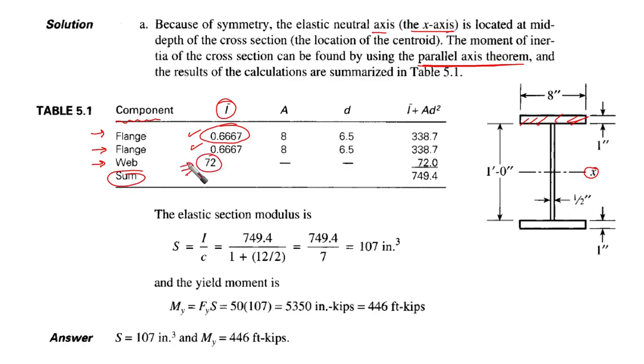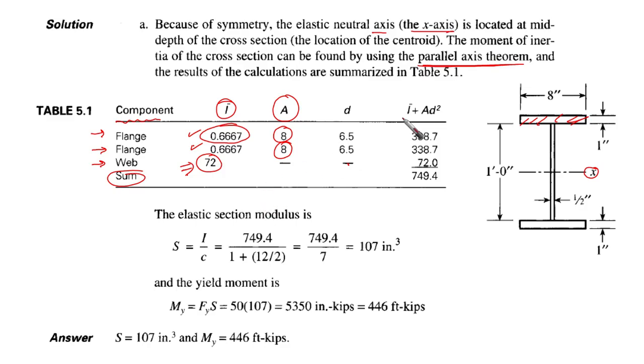Then you put in another column the area of each element. We neglect the distance for the web because it's not going to add very much for us.